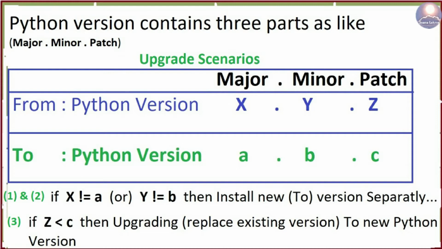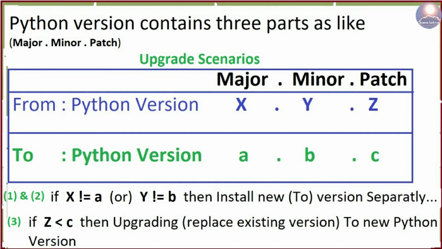In case the patch part, that means Z, is less than C, that is, the from version is less than the to version, then upgrading to a new Python version will replace the existing version with the new version on the same system.